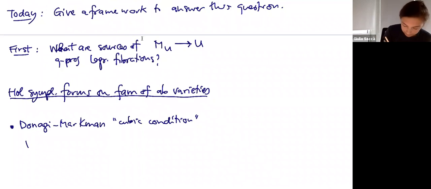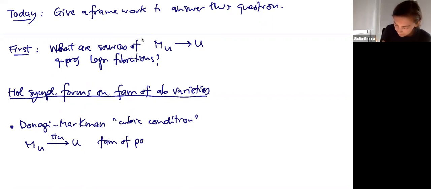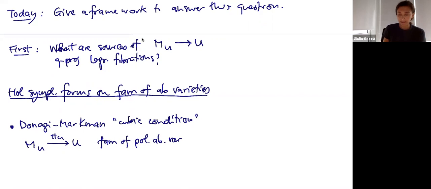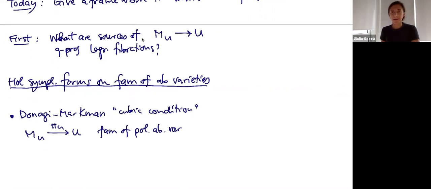So I suppose that mu to pi u is a family of polarized abelian varieties. I think in their paper they asked for it to be principally polarized, but in fact any polarization that happens in a family will do.